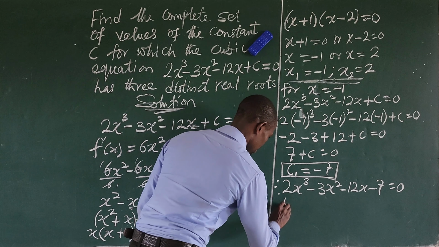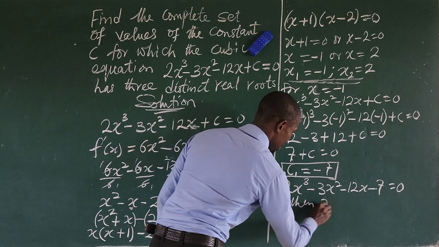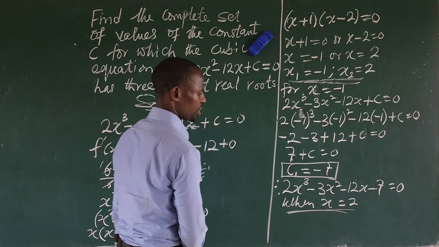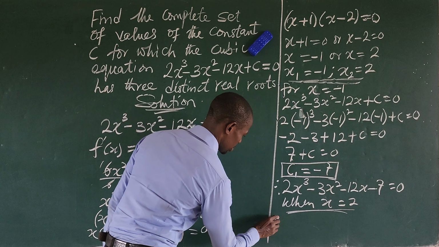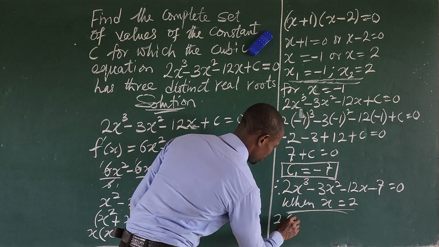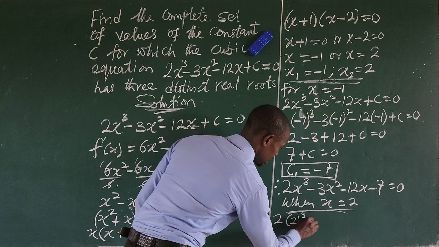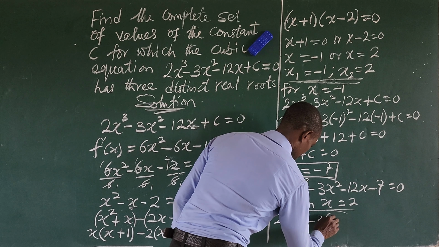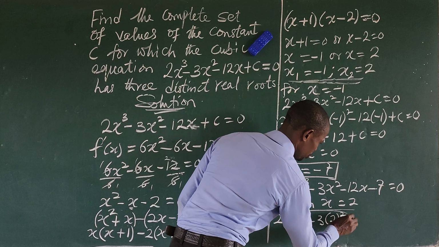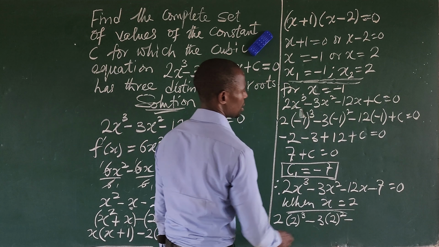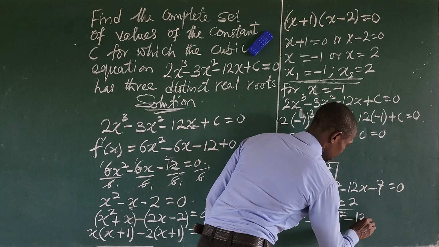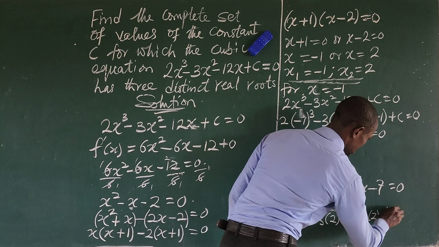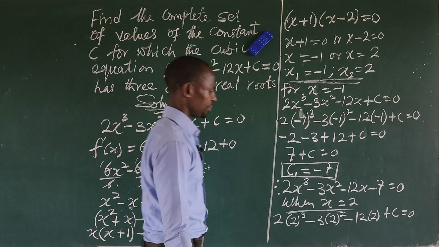So now let's substitute for our second value. So when our x is equal to 2, what will be our equation? Again, we substitute. So this is going to give us 2 into 2 to the power of 3, then minus our 3 into 2 to the power of 2, then minus our 12 times our 2, then plus our c equal to 0.